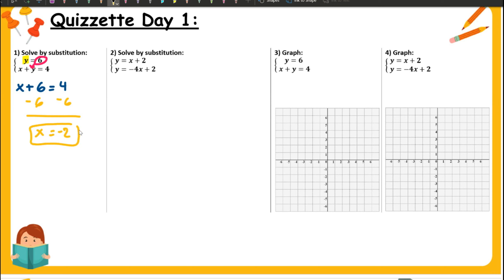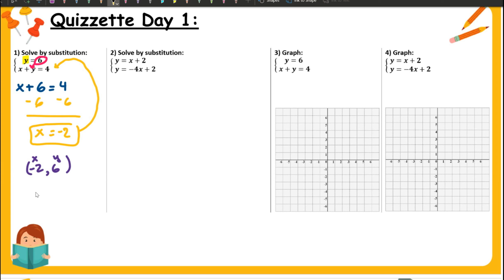Now normally we're going to take this and plug it into either the first equation or the second equation. It doesn't matter which one you plug in. In this case, you don't have to plug in because based on the x, y ordered pair, your x value is -2 and your y value is given as 6. But if you don't see this, you're going to plug it in.